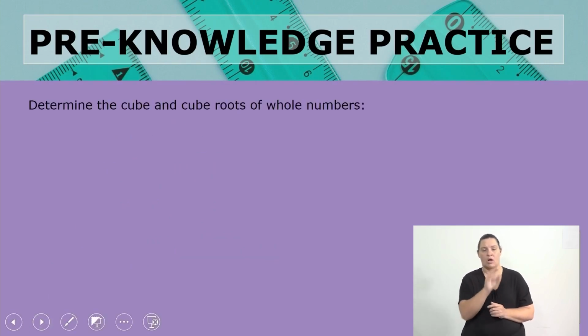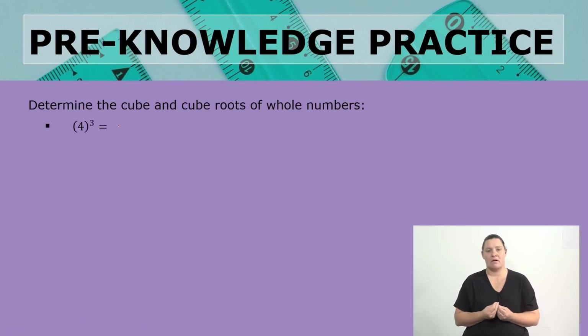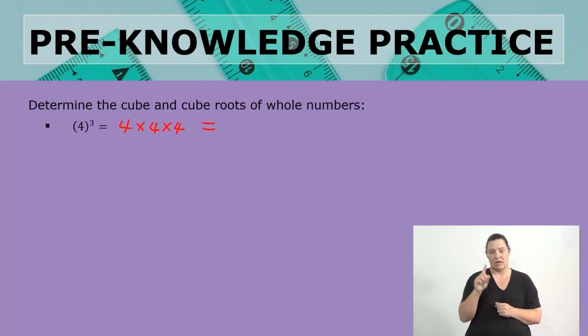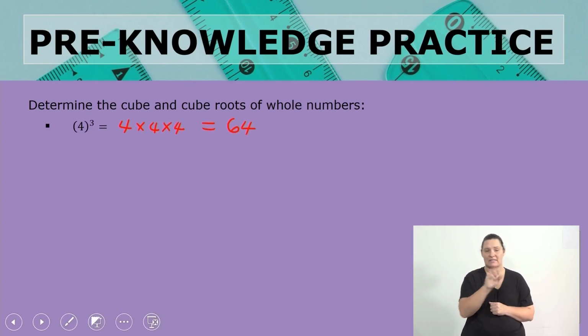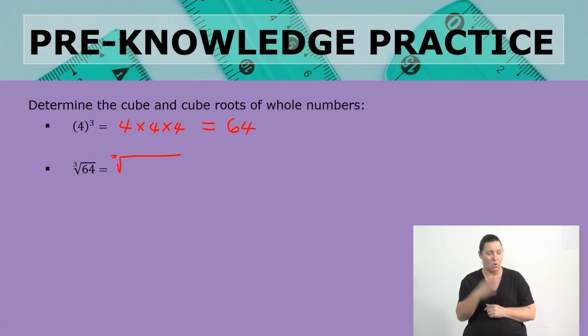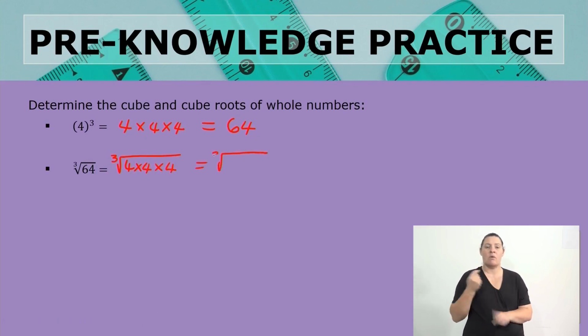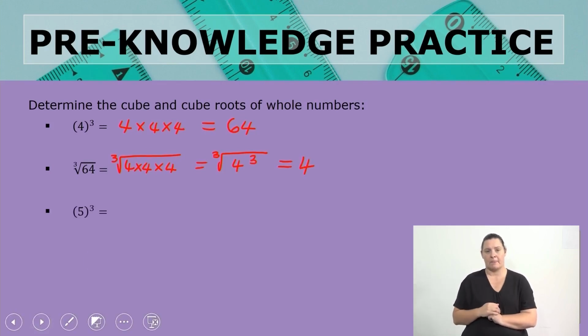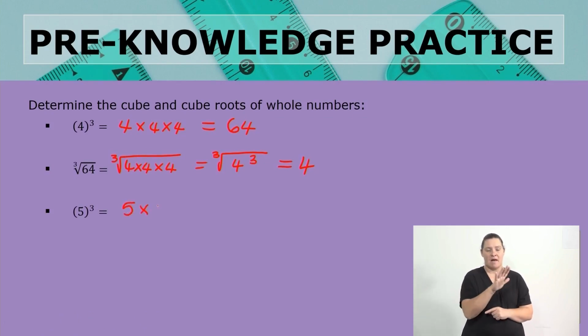Let's look at some cube numbers. So if I have 4 cubed, that is 4 times 4 times 4. Which gives me, yes, you have it, it is 64. So what does that mean for the cube root of 64? Because we know that 64 comes from 4 times 4 times 4, that means it comes from the cube root of 4 cubed, and the answer there is 4. The same thing for 5 cubed.